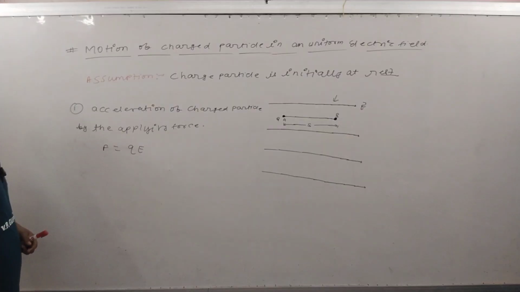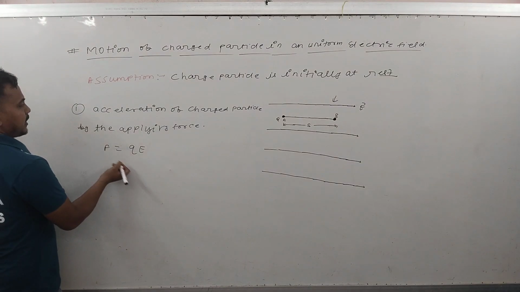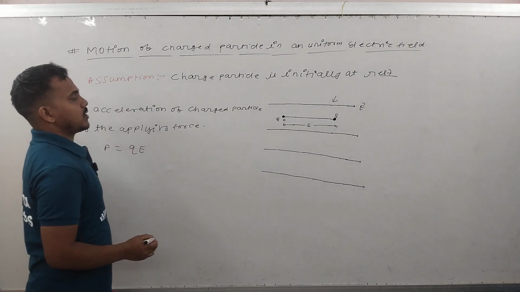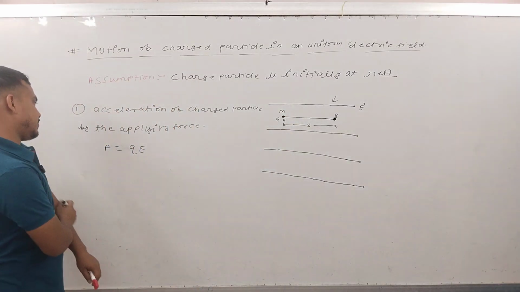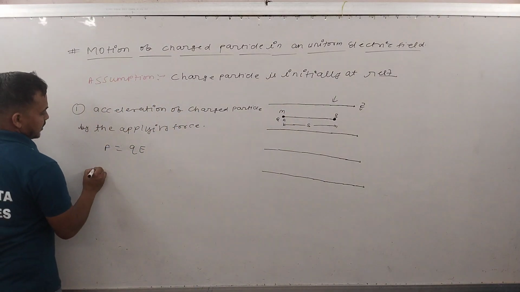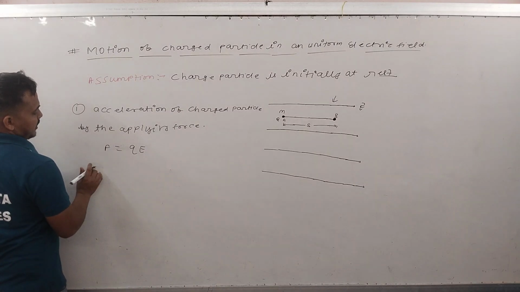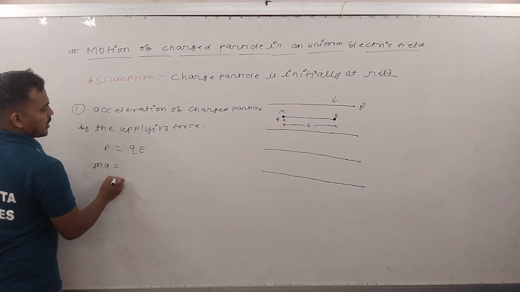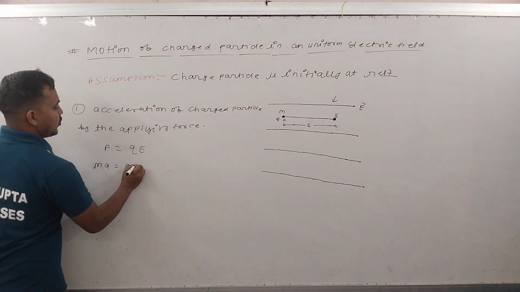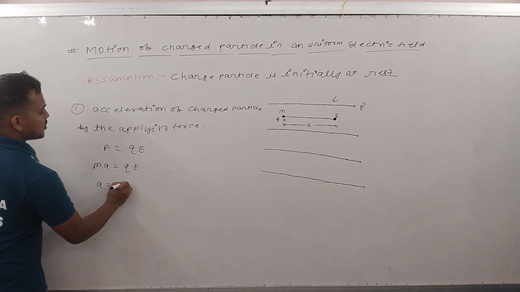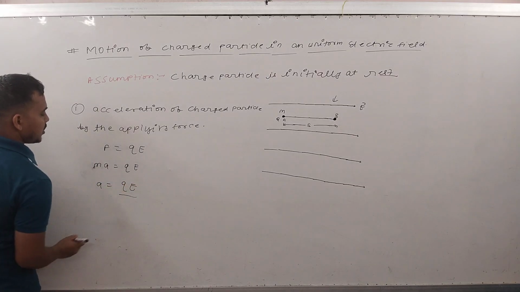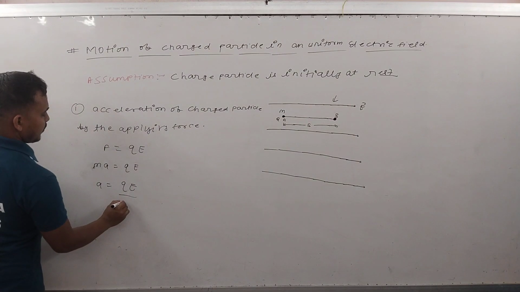And if we take the mass of the charged particle as m, then we can say F is equal to ma, that is ma equals qE. Now the acceleration of the charged particle is qE by m.